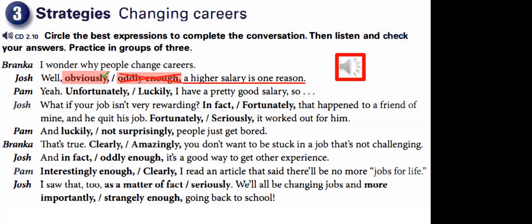And not surprisingly, people just get bored. That's true. Clearly, you don't want to be stuck in a job that's not challenging. And in fact, it's a good way to get other experience. Interestingly enough, I read an article that said there'll be no more jobs for life. I saw that too, as a matter of fact. We'll all be changing jobs and, more importantly, going back to school.